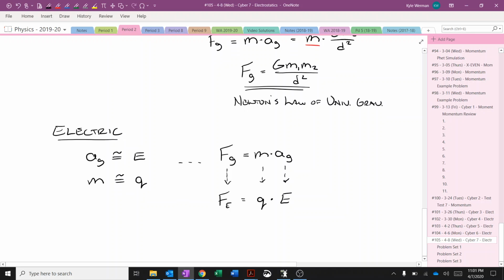And in fact, that is our equation for the force on an object in an electric field. This is the charge of the object in the field and this is the field strength.